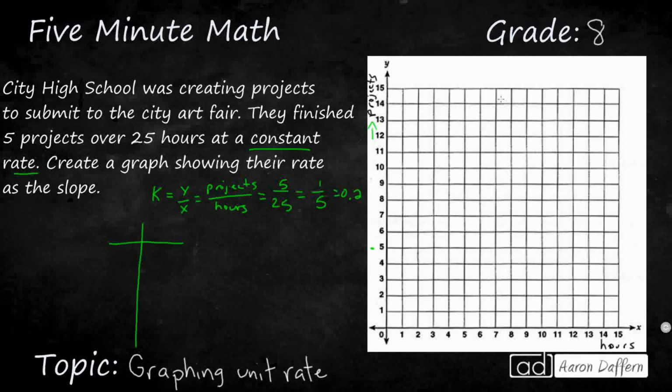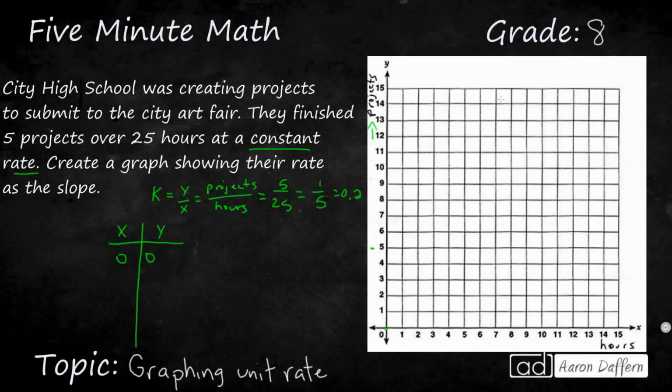So let's go ahead and do x, y, right? We're going to have 0 and 0. And rather than starting with my x of 0.2 and 0.4, I want to figure out how many hours it takes, 5 hours for one project.